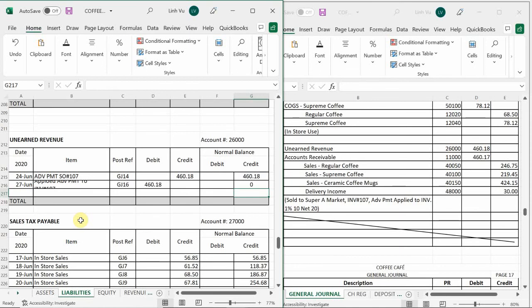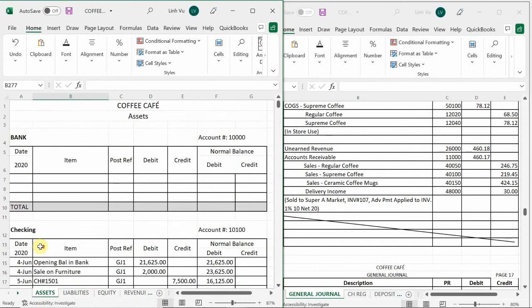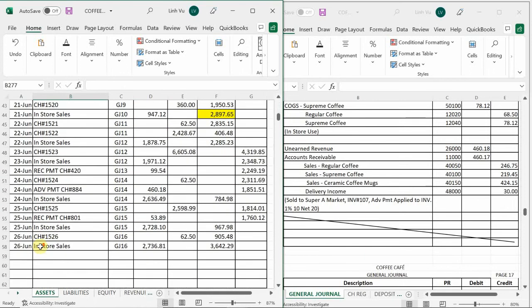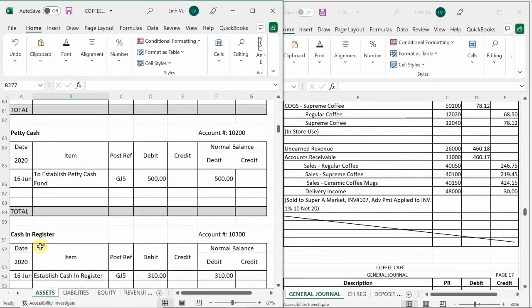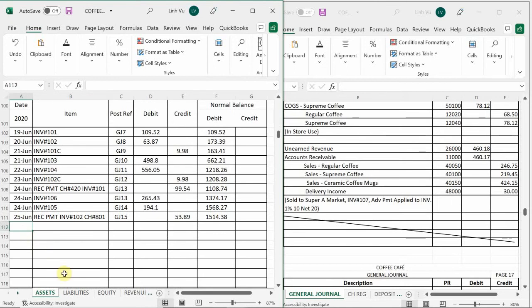So we end up redeeming and taking the payment and applying it towards the invoice. Okay? We also have an accounts receivable because they end up owing us money for this purchase.